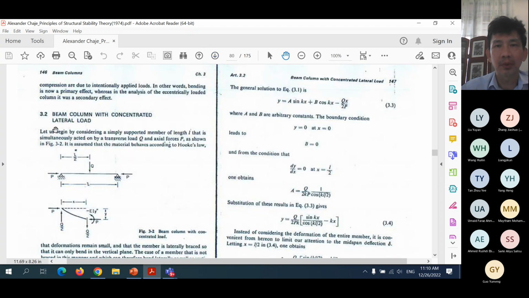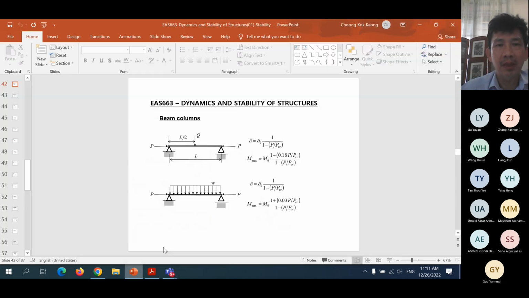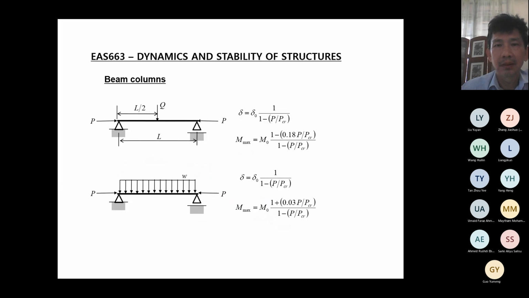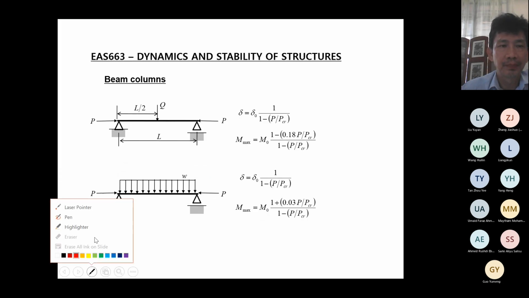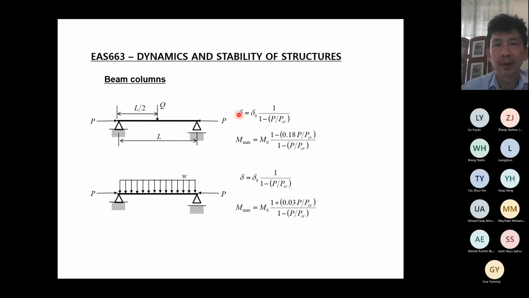Now, in sections 3.2 and 3.3, the derivation process is shown here. Where does this amplification factor come from? The first one is we start with beam column with concentrated lateral load. The aim is to show where each of these comes from.